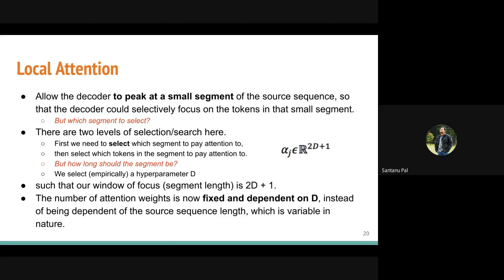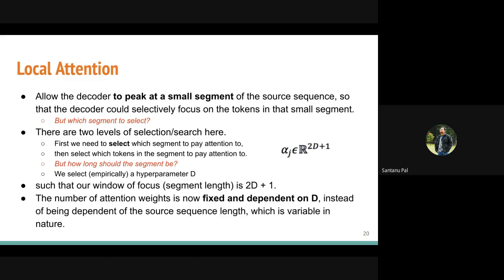But here the question is which segment to select. Let's say we have 10 words, a 10-word sequence, and you have to select a segment among these 10 words. Which segment do you select? You don't have any basis for that currently.